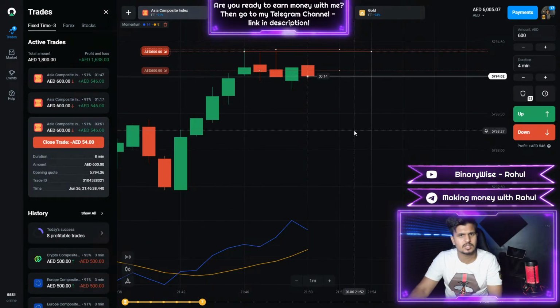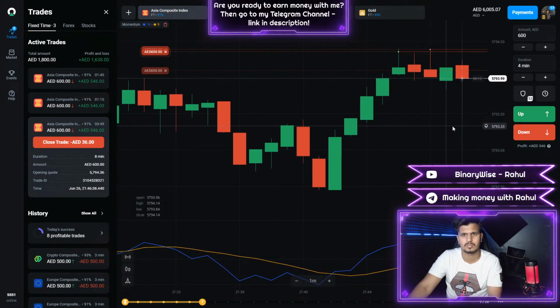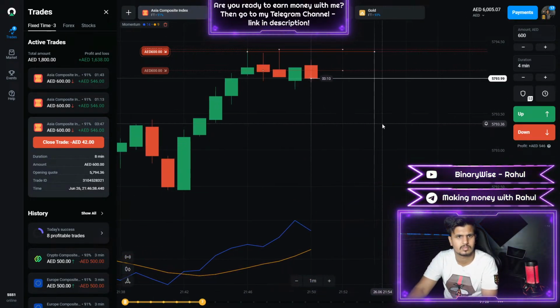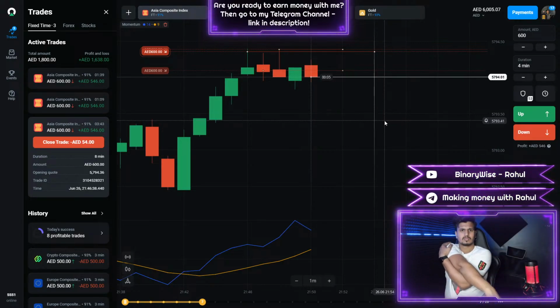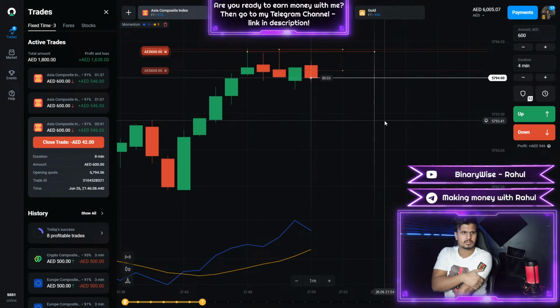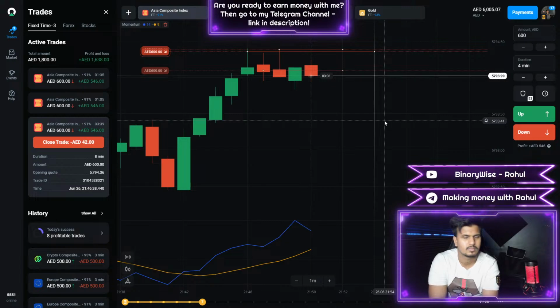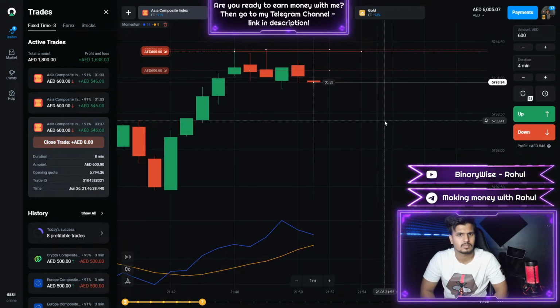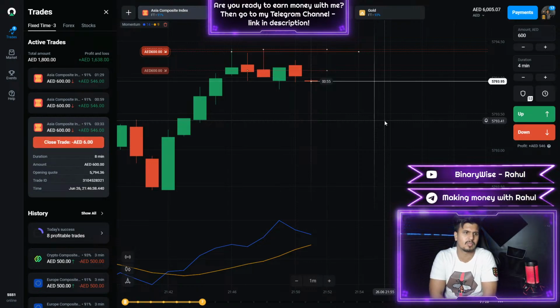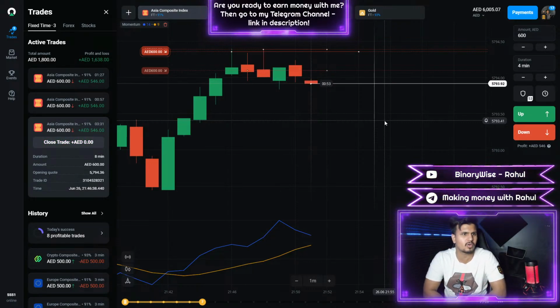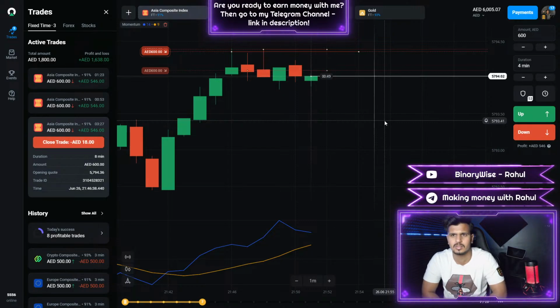One minute 20 seconds remaining right now. Well, that's good right now, as it's trying to go back to the downside now, and all three trades are coming to an end in the profitable amount.